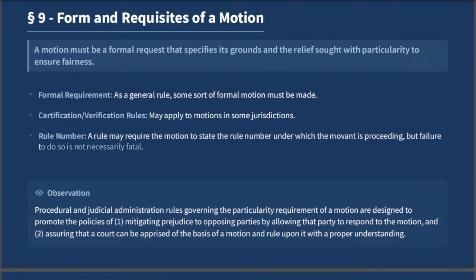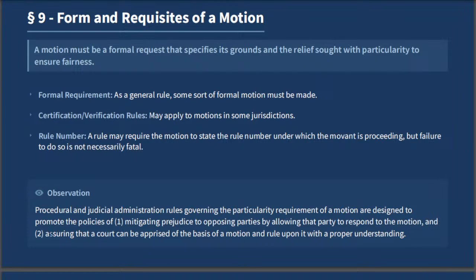And our observation here. Procedural and judicial administration rules governing the particularity requirement of a motion are designed to promote the policies of 1, mitigating prejudice to opposing parties by allowing that party to respond to the motion. So that's one important reason there.